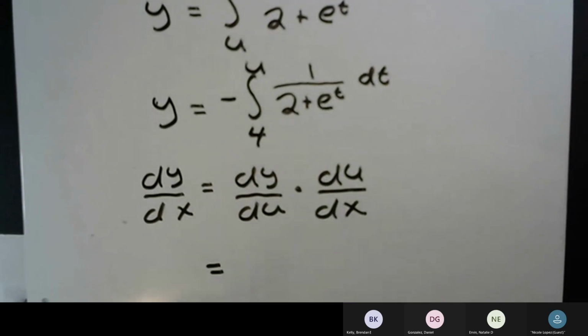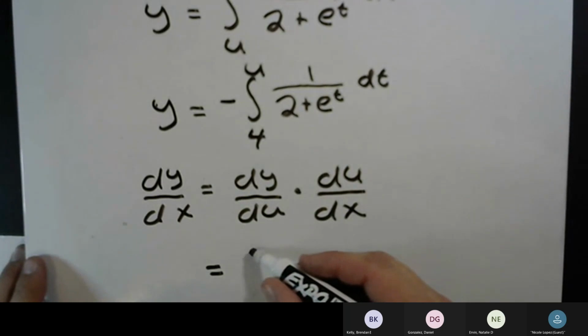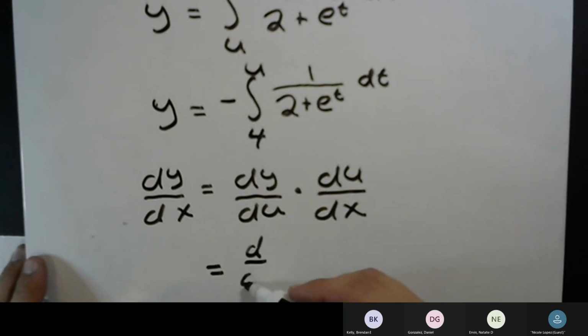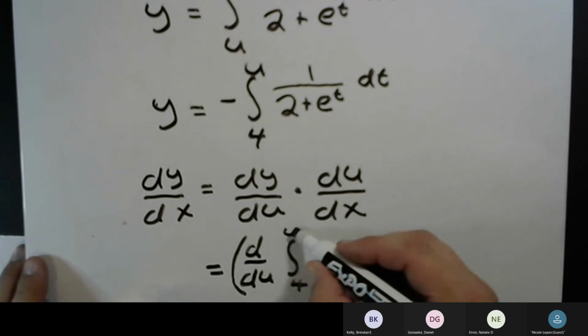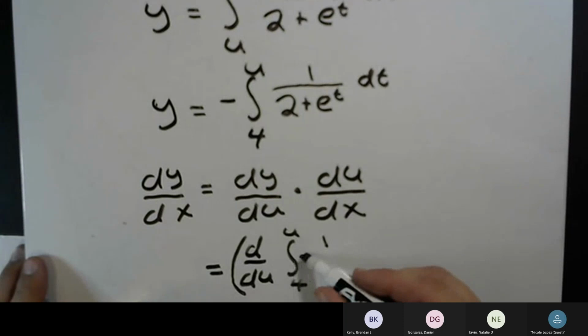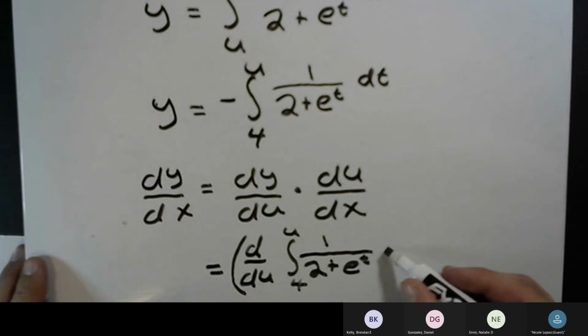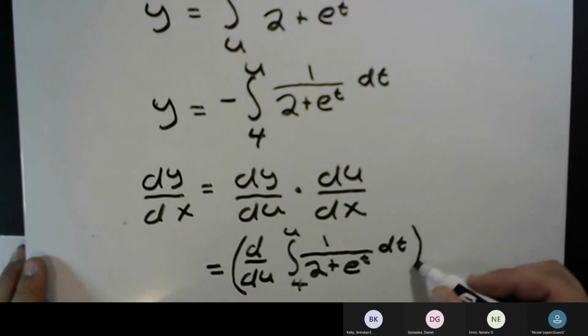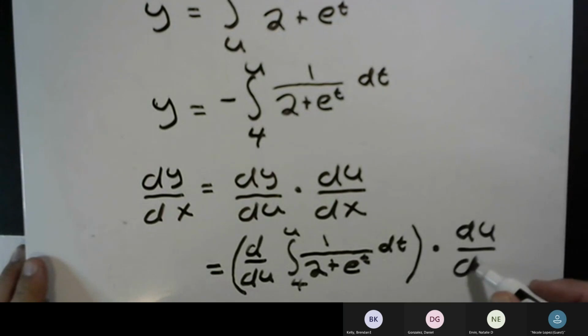Now dy du is going to be this integral, the derivative of this integral. So this will be d du of the integral from 4 to u of 1 over 2 plus e to the t dt, times du dx.